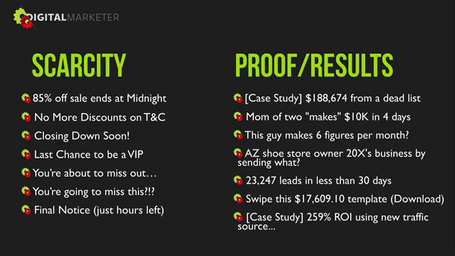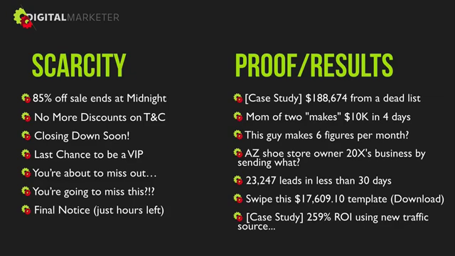So again, proof, results. This guy makes 6 figures per month. So that's not only proof and results, but it's a bit of curiosity. Arizona shoe store owner 20x's business by sending what? Again, proof and curiosity. 23,247 leads in less than 30 days.